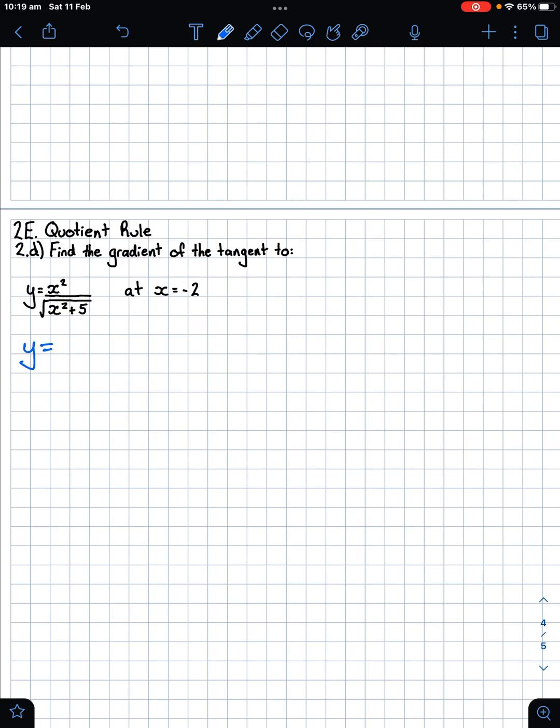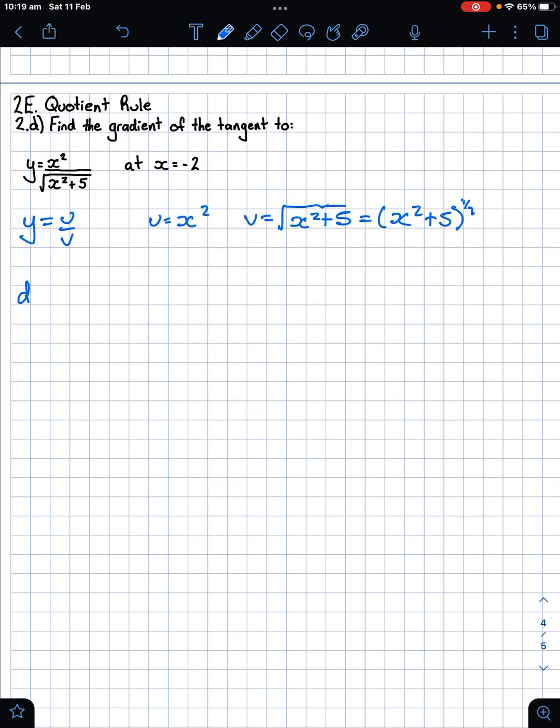Realistically, if we have a function y equals u over v, which we do here, we've got u equals x squared and v equals the square root of x squared plus 5. We might even change this to x squared plus 5 to the half, because it helps with differentiating.